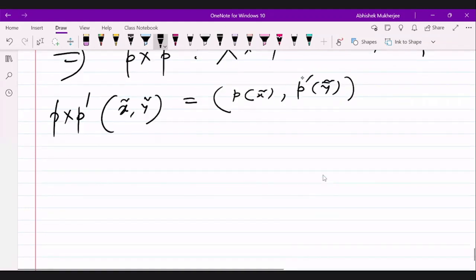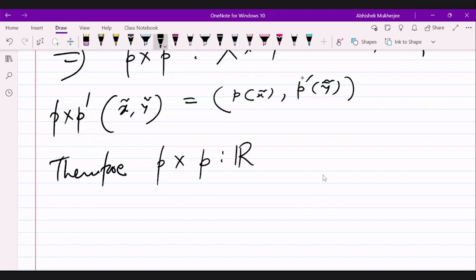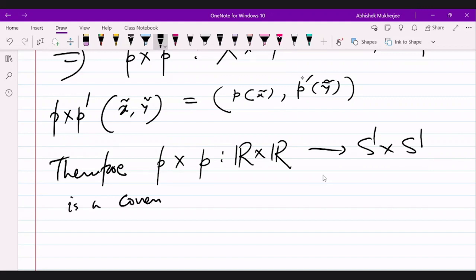So therefore, we have already seen that R is a covering space of S1. Then P cross P from R cross R to S1 cross S1 is a covering map, right?